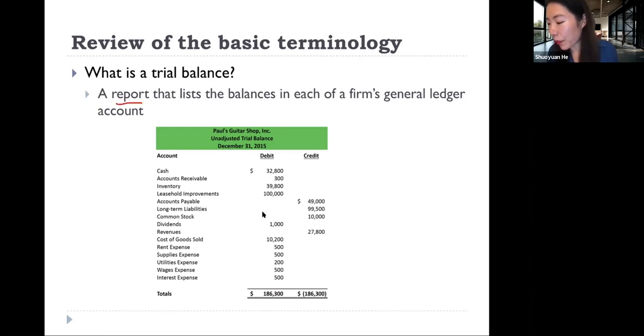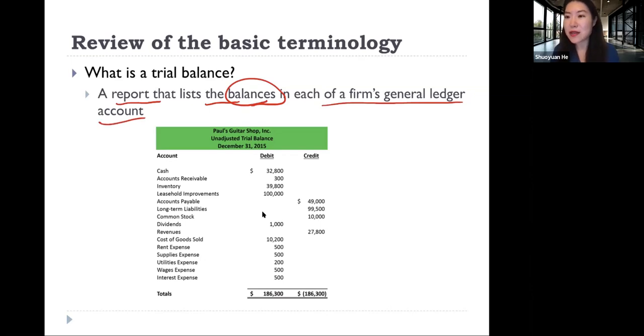So it is a report that lists the balance in each of the firm's general ledger accounts. For example, if the balance for cash is 32,800, we just take one number for each account.